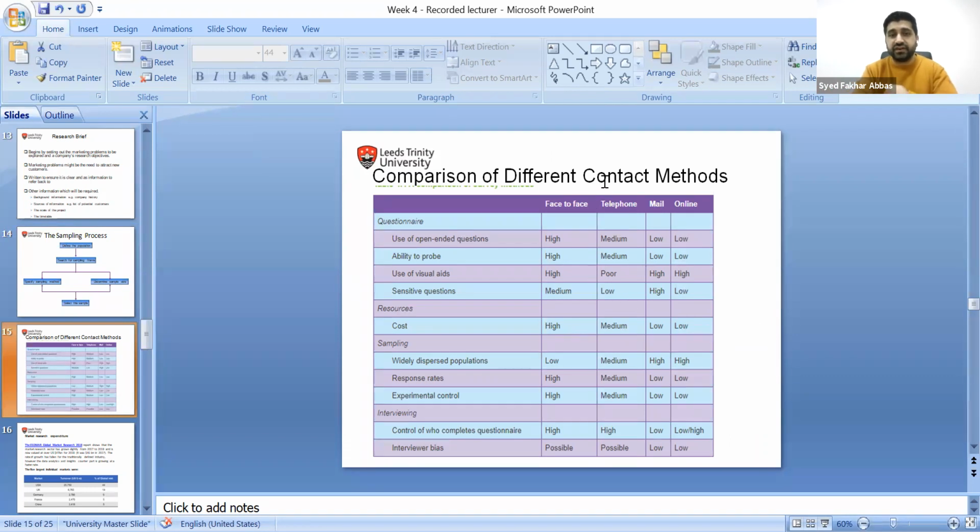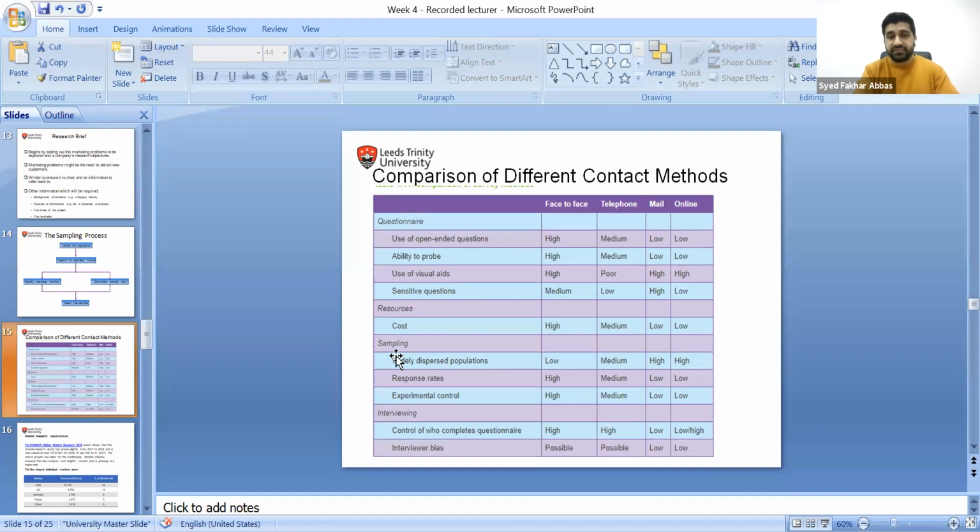If we do face-to-face research, then you can see the use of open-ended questions is high, ability to probe is high, use of visual aids is high, sensitivity questions are medium, and the cost will be high. The cost of face-to-face research will be high, but at the same time we will get more information.